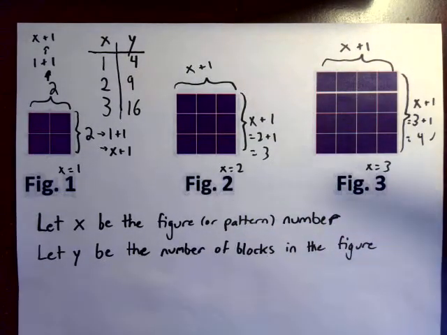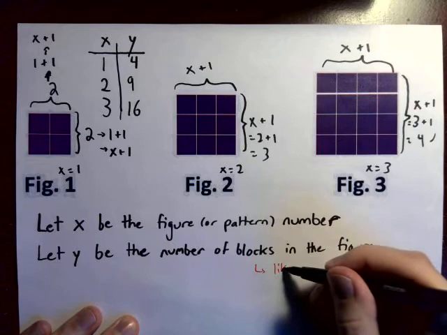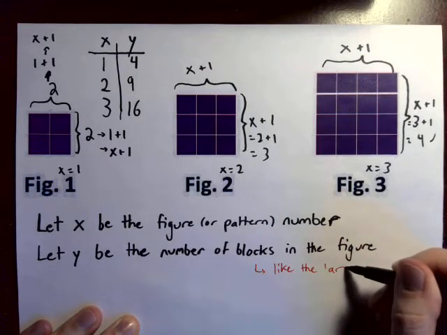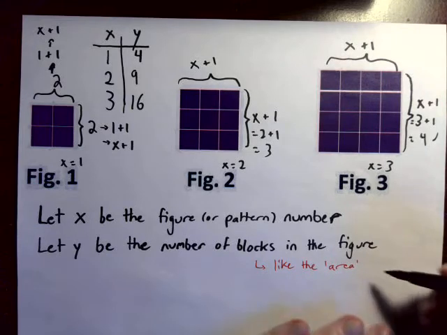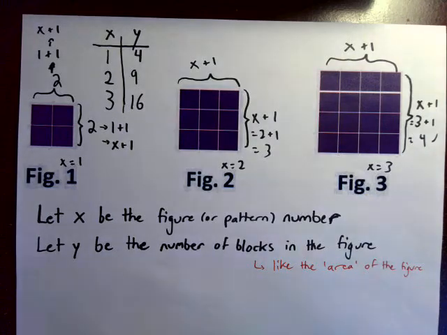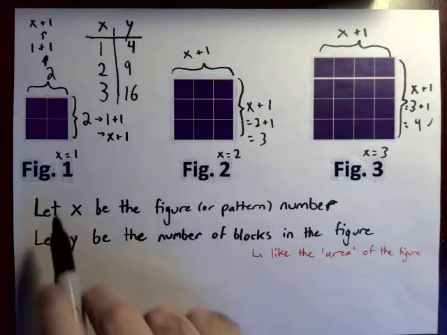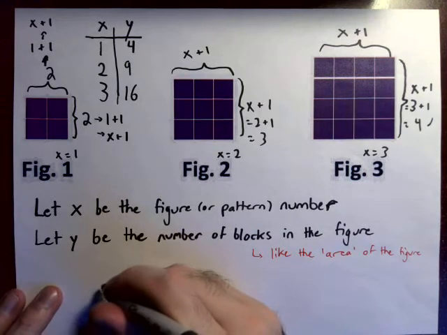And then to figure out the actual number of blocks in the figure, this is like the area of the figure. We want to create an expression that's like the area, and we've done this before with factoring and expanding.